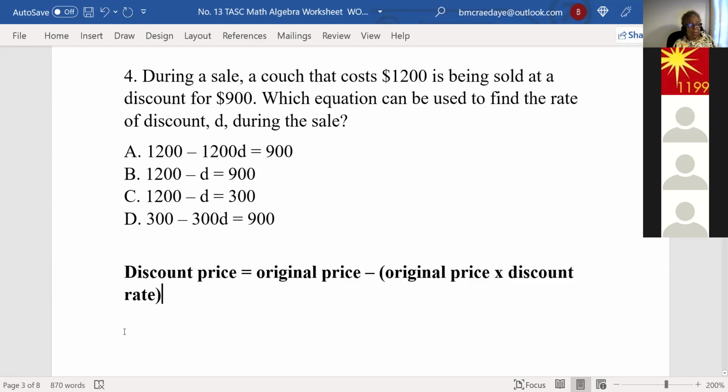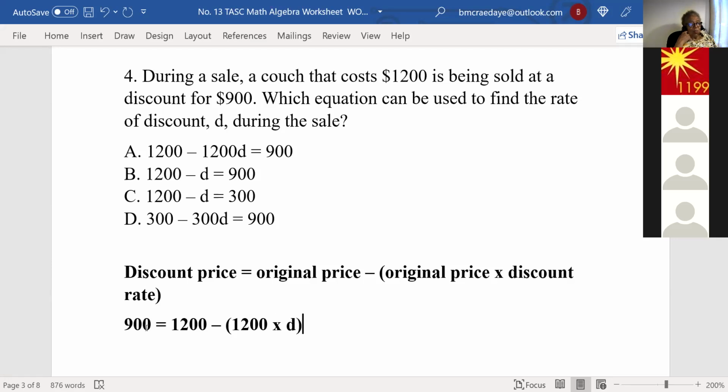So when we substitute, what is the discount price here? $900. That's right, $900 equals, what's the original price? 1,200, and minus another 1,200 times the discount rate, D. All right.